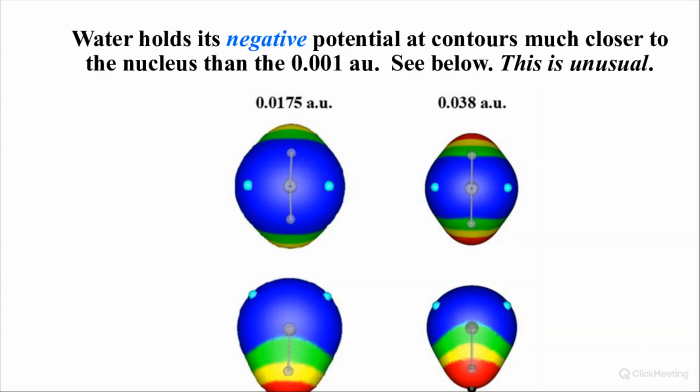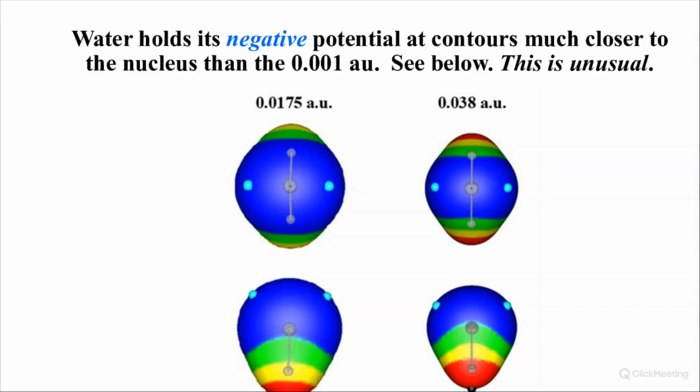And another thing about water is if you go to higher contours of the electronic density, water holds its negative potential. And here we have 0.0175. I'm looking into the plane of HOH.